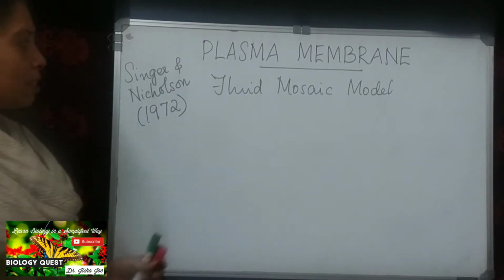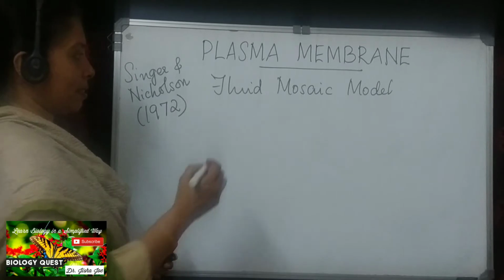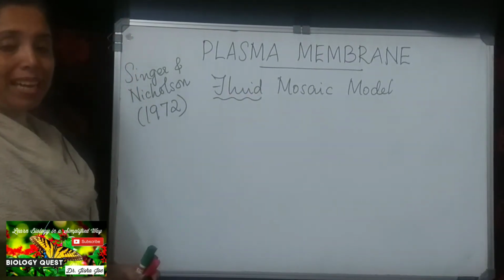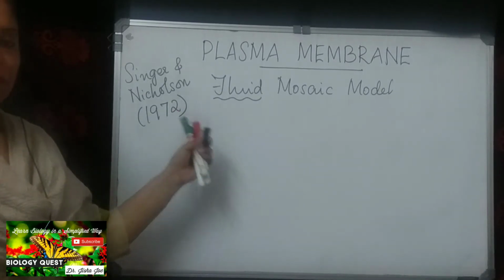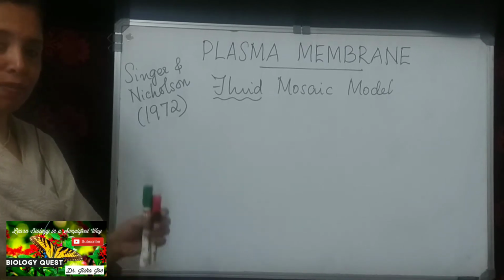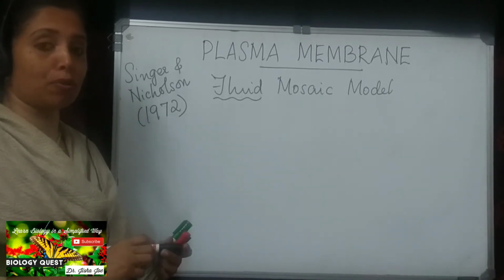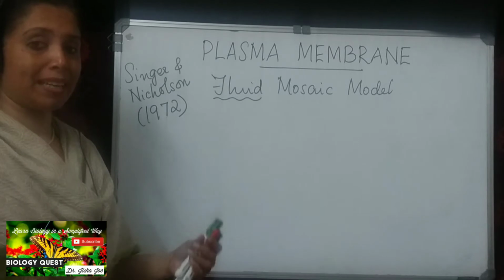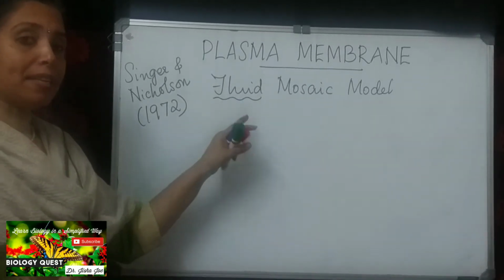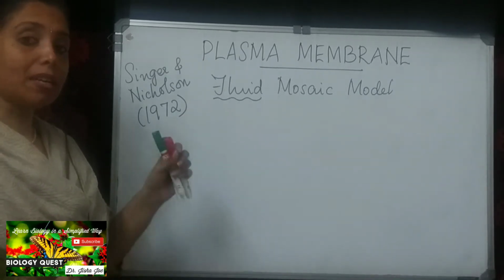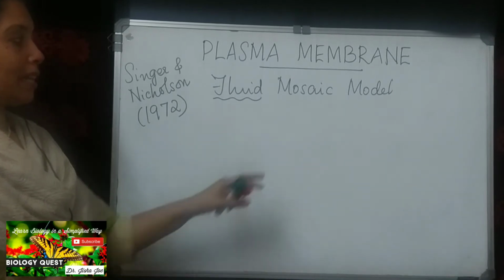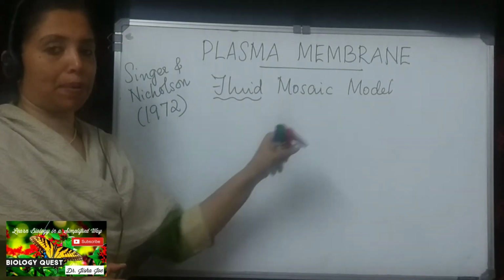According to this model, from the term itself we can see the plasma membrane has a fluid nature, and this fluid nature is due to the presence of phospholipids in it. The plasma membrane is composed of phospholipids, proteins, carbohydrates, especially oligosaccharides. And it has a mosaic appearance.